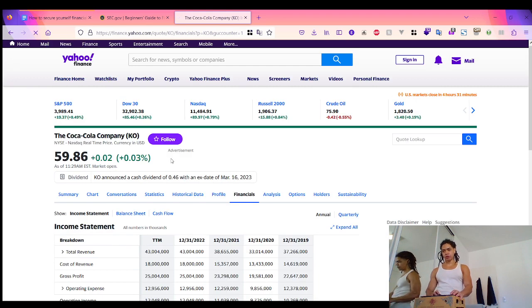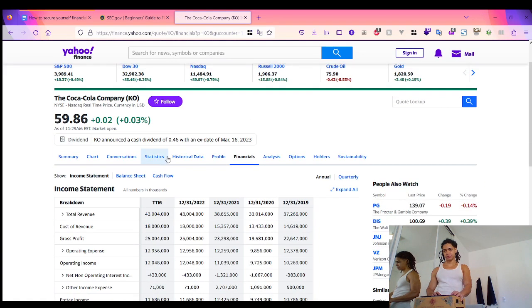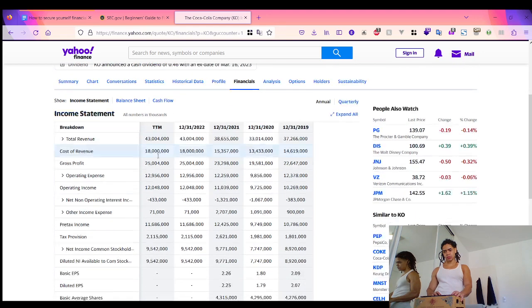Looking at Coca-Cola and their income statement, we look at the total revenue, the total amount of money made from sales of products and services. If you go down the line, you have things that a company doesn't expect to collect, like sales discounts or merchandise returns.